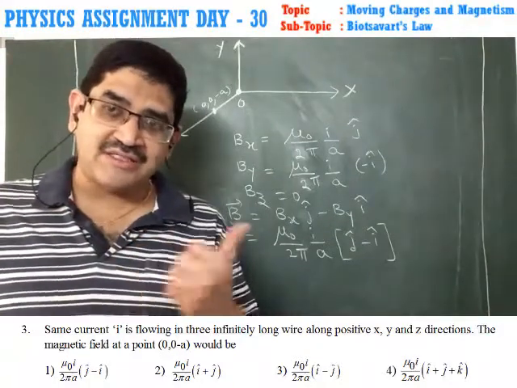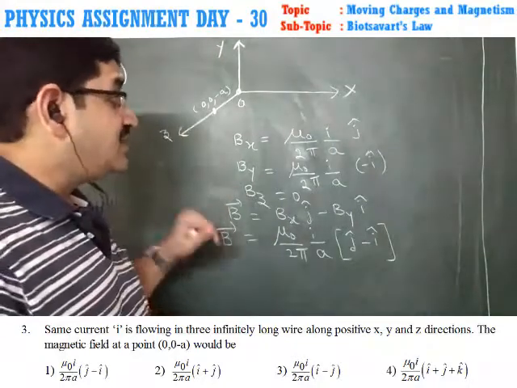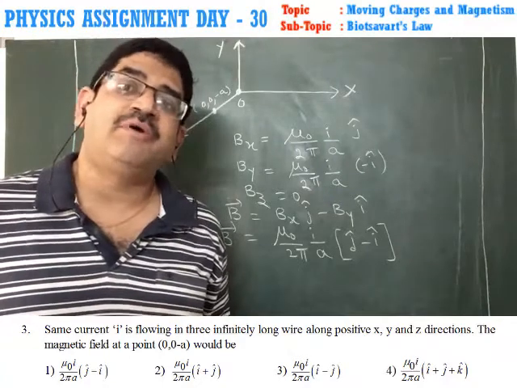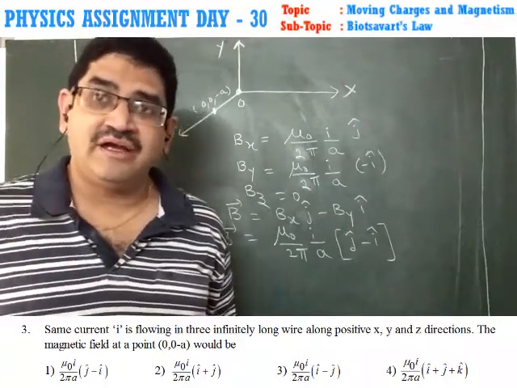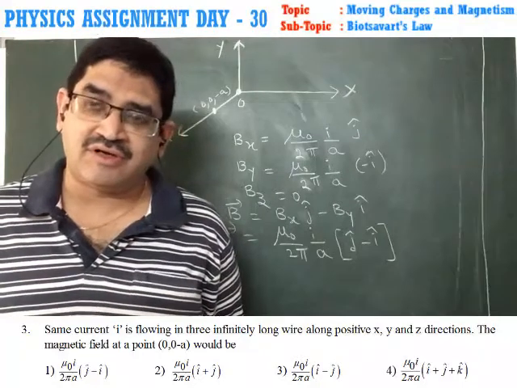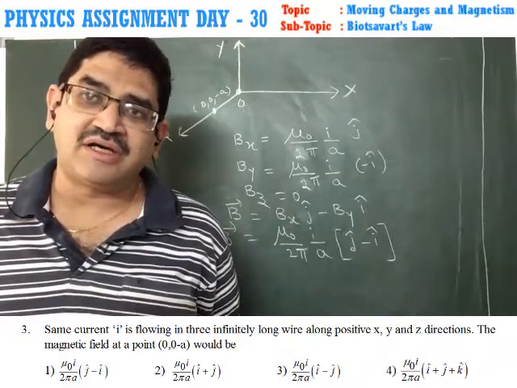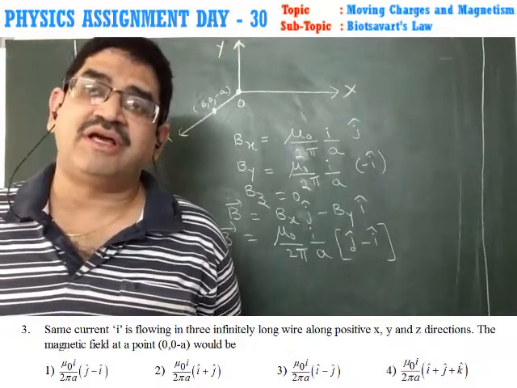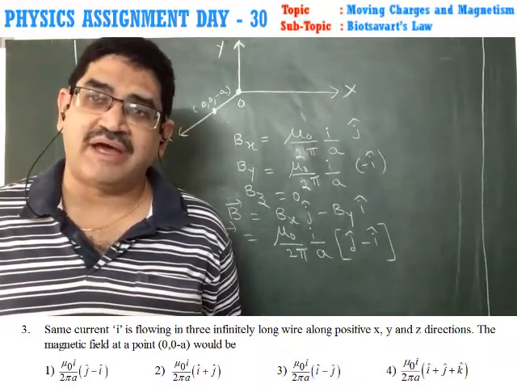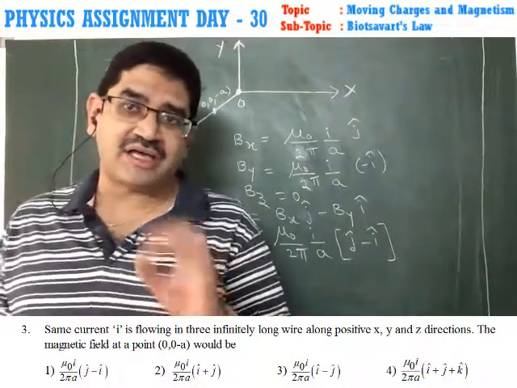The point we took is along the z axis, and the field along the z axis will be 0, because B = μ0/2π × I/r, and r is not 0 here, so there is no magnetic field along the line. Now we are going to consider the x and y axes.